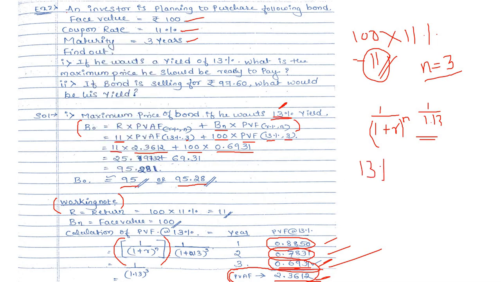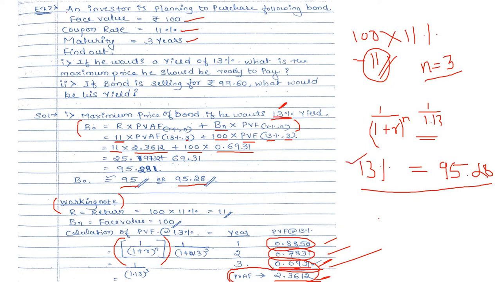So when the return was 13%, what was the bond value? 95.28. Okay, so this is the bond value when the return was 13%.